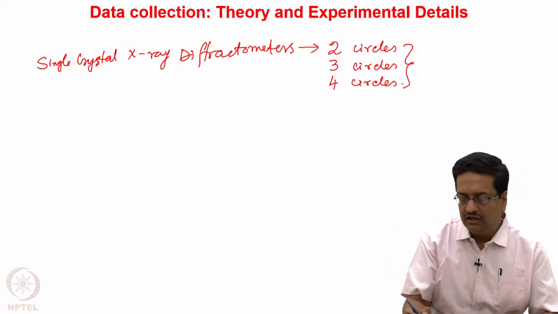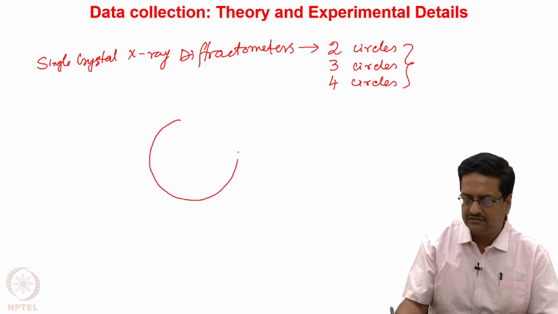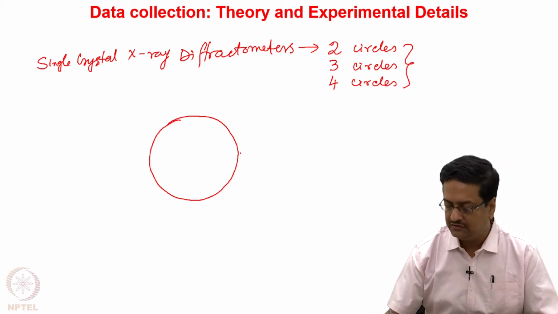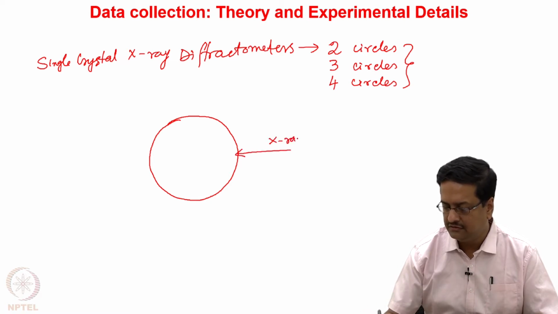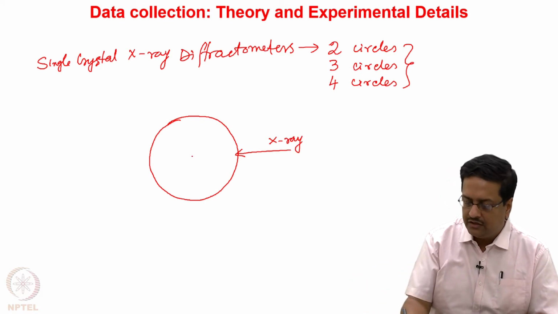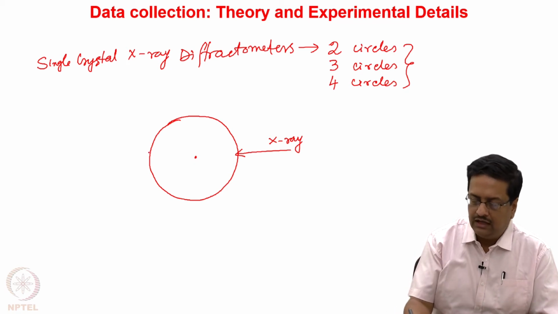So, in an X-ray diffractometer, if this is the base of the diffractometer on which all these axes are mounted, and the X-ray beam comes from the right side and the source is fixed, you have a crystal in the middle and a detector sitting behind.